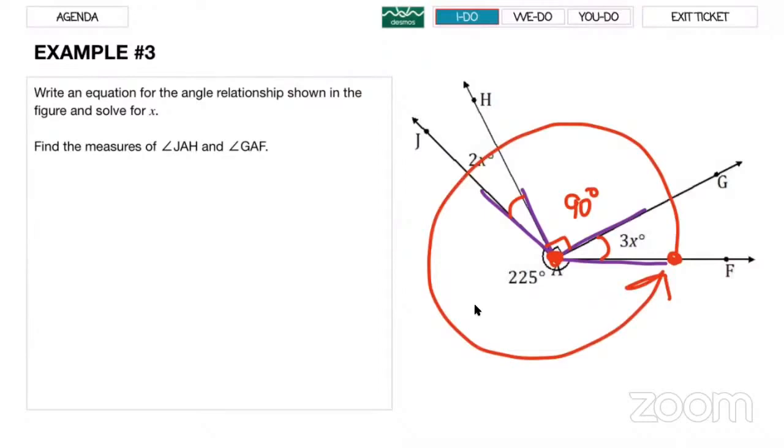Okay, now let's write down the equation. You just need to write down all the angles that you have in the diagram. So number one, there is 2x, and there is an angle 90, I'm adding it, and there is angle 3x, so you're adding that one too.